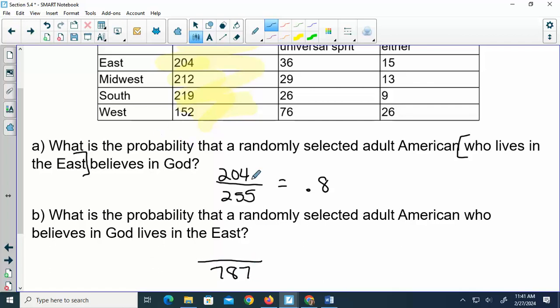And from those, how many were from the East? So we get 0.2592. Right, so when you have a conditional probability, your condition is your denominator. Those are the only ones we're looking at. Is that okay with everyone?